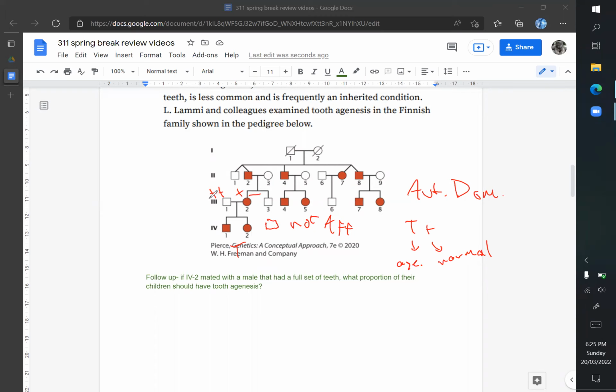But because this individual can only give a lowercase t, this individual has at least one lowercase t, but they are affected, so they have the uppercase T. And this individual is not affected at all, so they have lowercase t, lowercase t. Maybe I should have explained that.